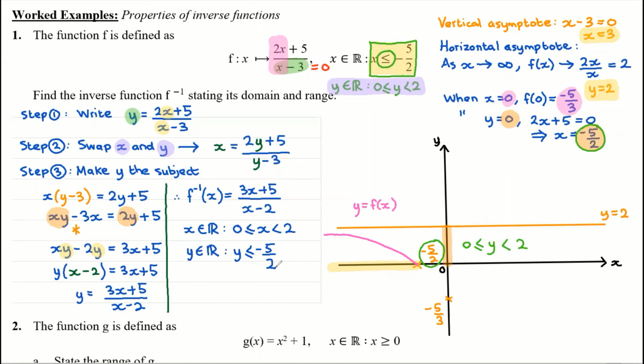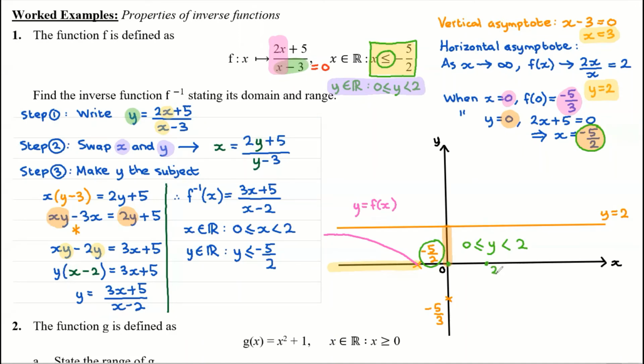If you plotted that, I can just show you briefly what that would look like. It's quite simple. You've got a really simple domain between 0 and 2 on the x-axis, so for the inverse function it would go from there to about there. That would be x equals 2.